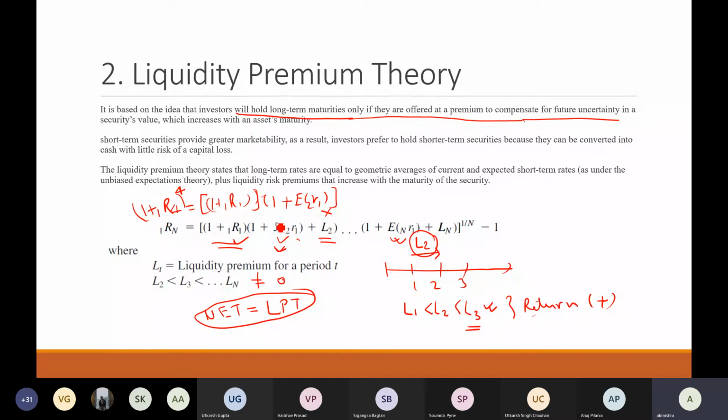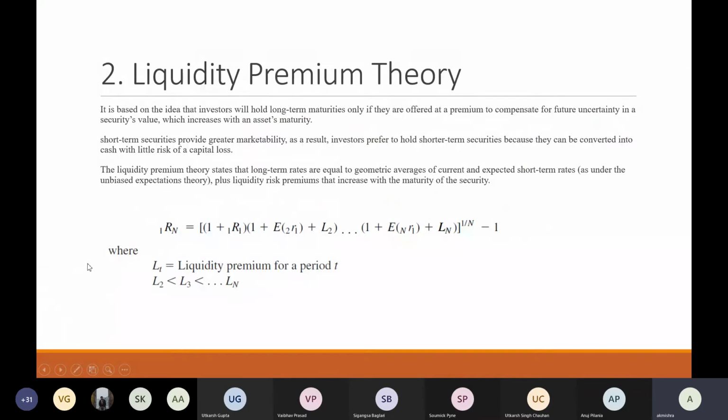Like in unbiased expectation theory, if we keep adding this liquidity component, we get a relationship, and from this we can easily calculate the yield considering the liquidity demanded by the rational investor. So this is very similar. The only additional component that we need to adjust here is the liquidity premium part.